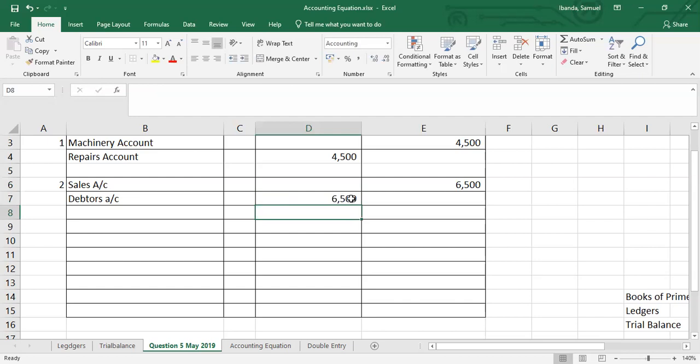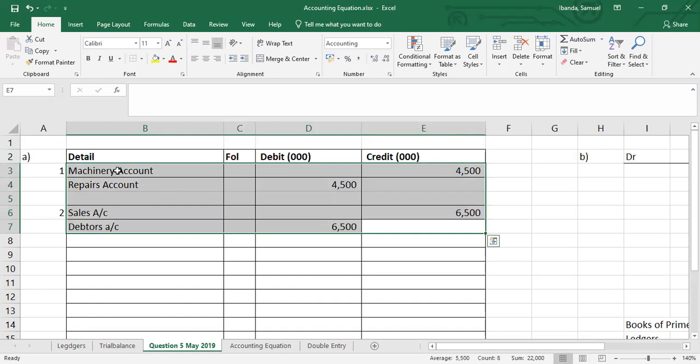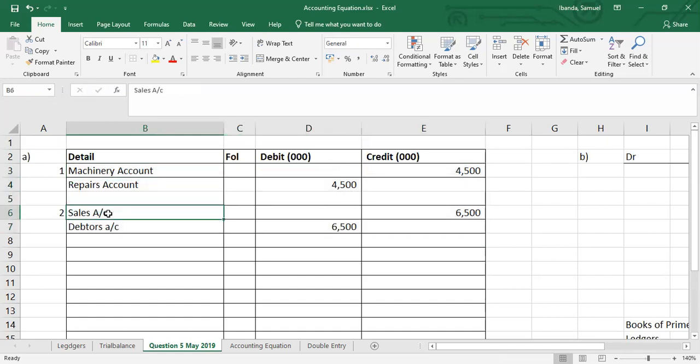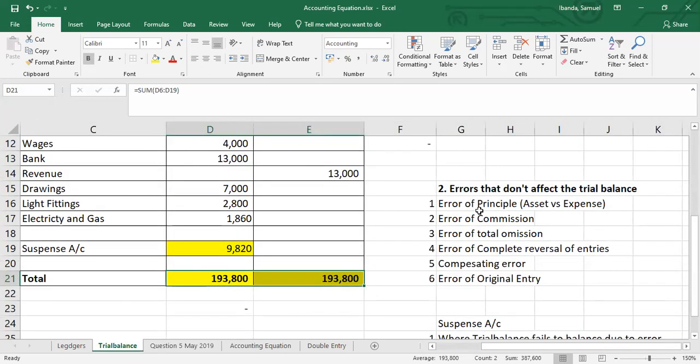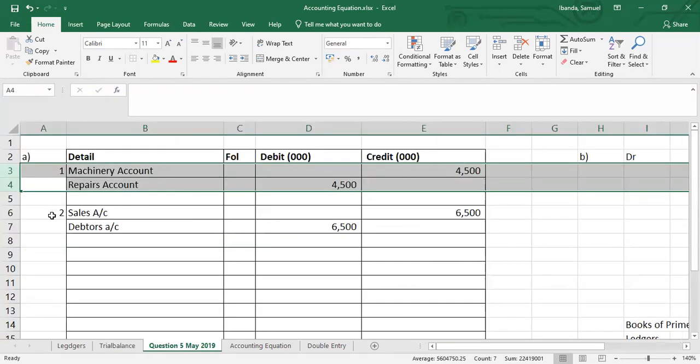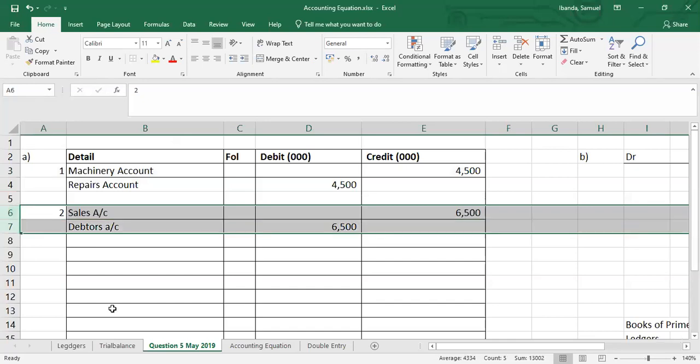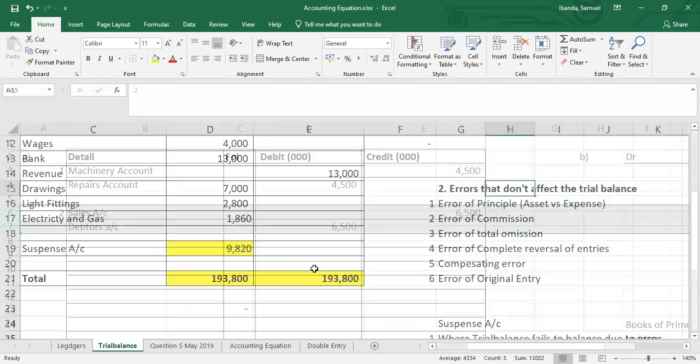Now you see these two errors that we are correcting, the first one and the second one. Both these errors don't affect the trial balance. This was an error of principle, and we say that the error of principle here does not affect our trial balance. This second error that we are looking at is an error of original entry.